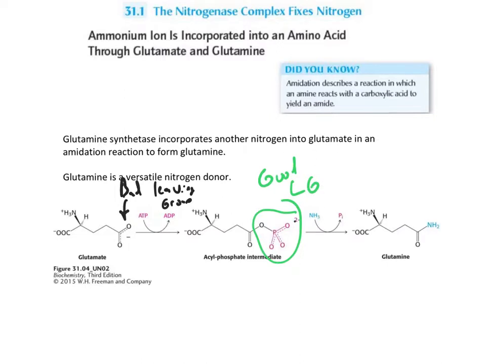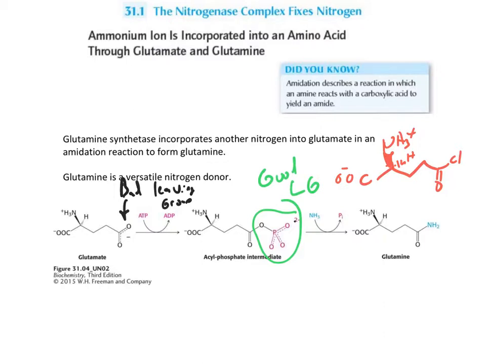I'm just going to indicate it as Lg. This would be similar to having an acyl intermediate, so if you have an acid chloride, this is the biological equivalent of something like this that can easily be attacked by whatever you want.